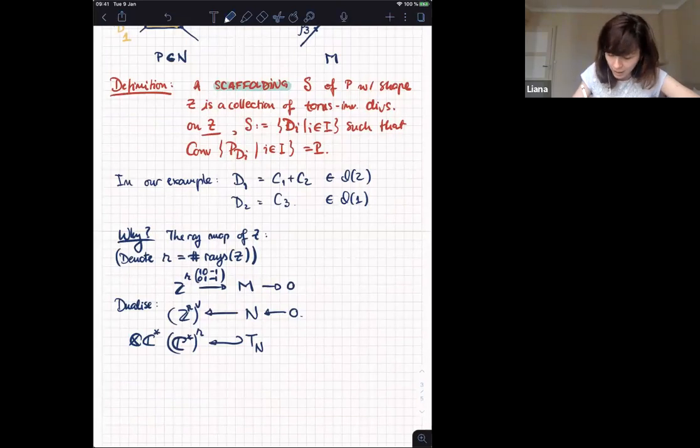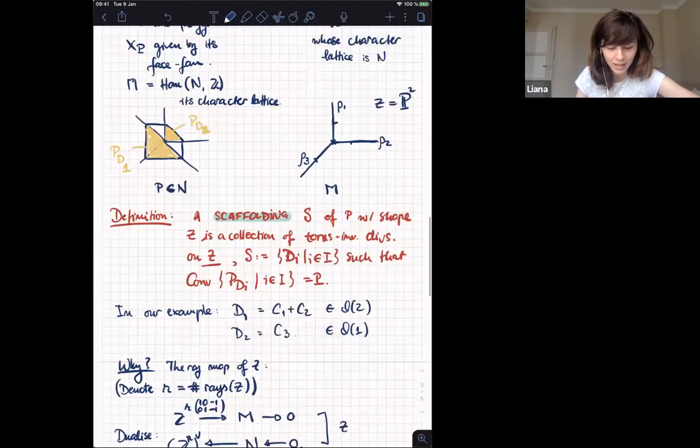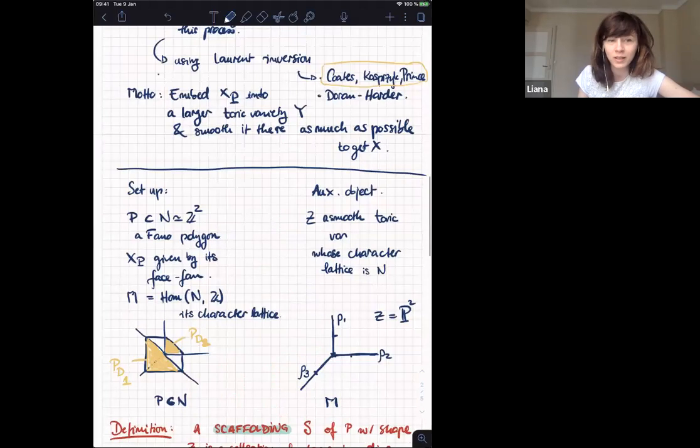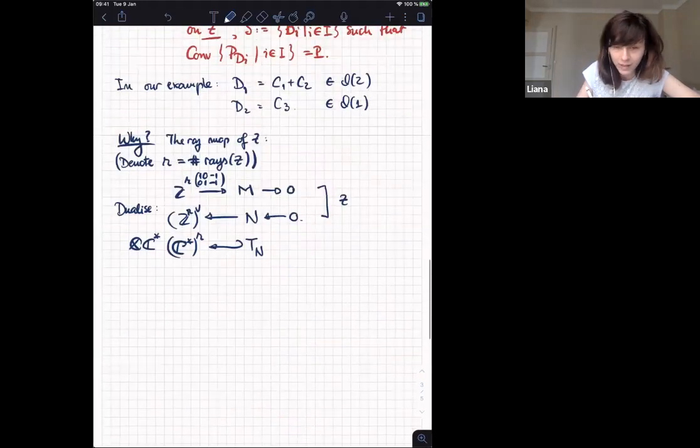And again, I wrote this for Z, but I don't really care about Z. Z is an auxiliary object that I have. I care about XP. And my goal, as you remember from here, is to embed XP into a larger toric variety Y. By choosing this auxiliary object Z, I have managed to embed Tn, which is the dense torus, which compactifies to XP.